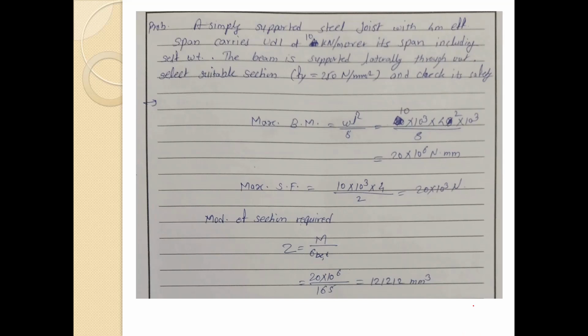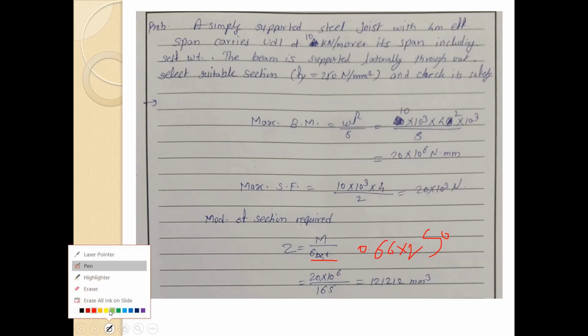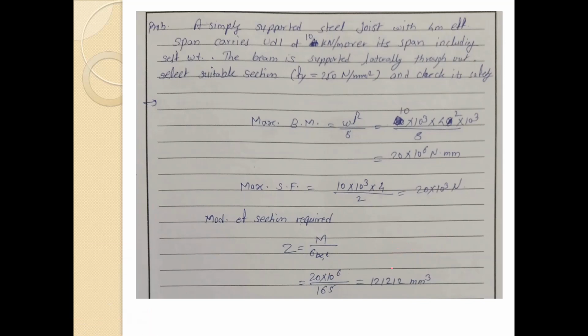So we have the value, that is 20 into 10 raised to 6 divided by 165, that is 0.66 Fy, 0.66 into this 250. So that becomes 165.